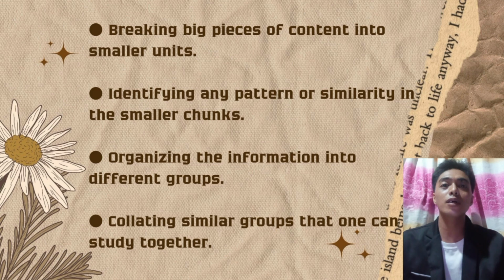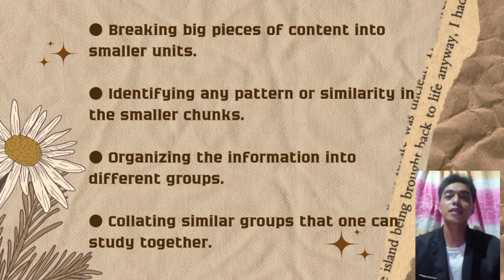It is a core step of a chunking strategy and helps make larger amounts of data more manageable and easier to remember. So the last one is collating similar groups that one can study together. So it is combining related chunks into broader categories that can be studied together. This helps build connections between concepts and improve retention.